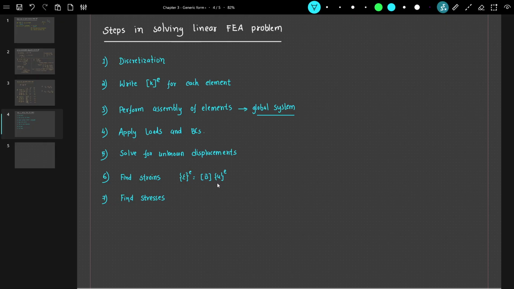So this is our displacements. Once we get U e, we have the B matrix for all the elements, so we can find the strains in all the elements.